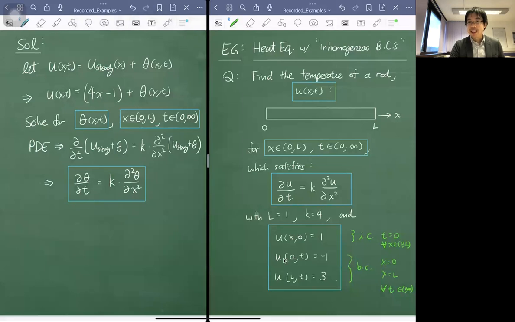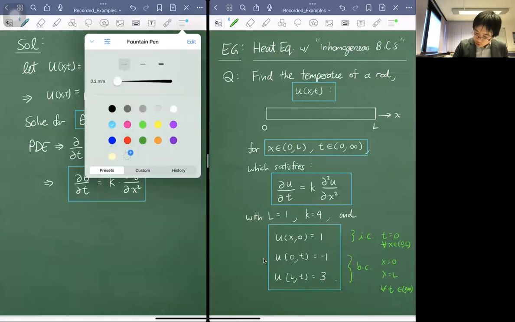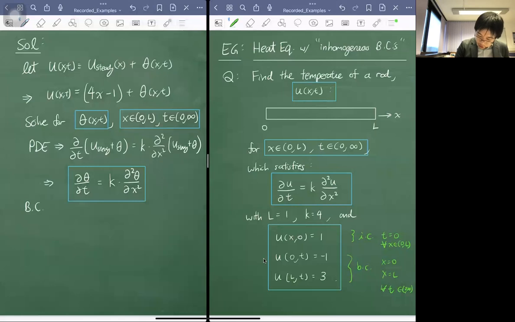Okay, but now the beauty is, if we look at the boundary conditions, what would it be? Let's rewrite the boundary conditions. u of x, 0: u is equal to this, so let's plug in t equals 0. I want to find out what theta of x, 0 is.